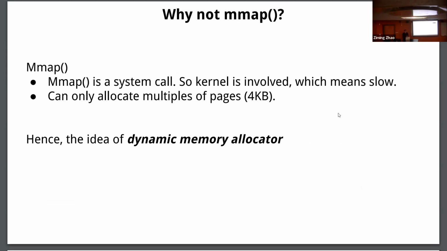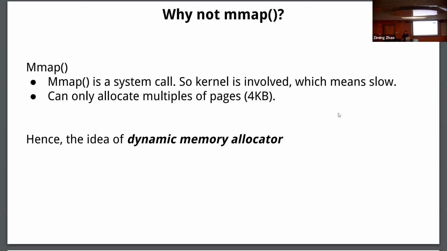So you may ask, if we want to get some dynamic memory, why don't we just use memory map, which is a system call, mmap? Actually, we can do that. The problem is, if you want to do a system call, it means you need to go into the kernel. The kernel will do a lot of work, so it's very slow.